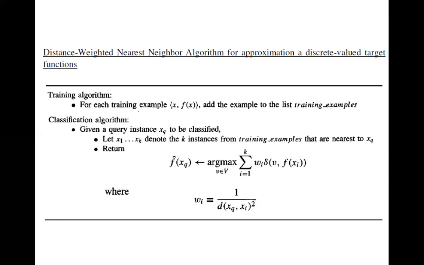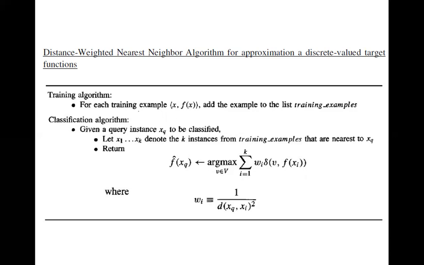Assume that 4 or 5 training examples are near to xq. Now in that, I have to find out which one has the maximum class value along with the weightage. So now you have to return that class.